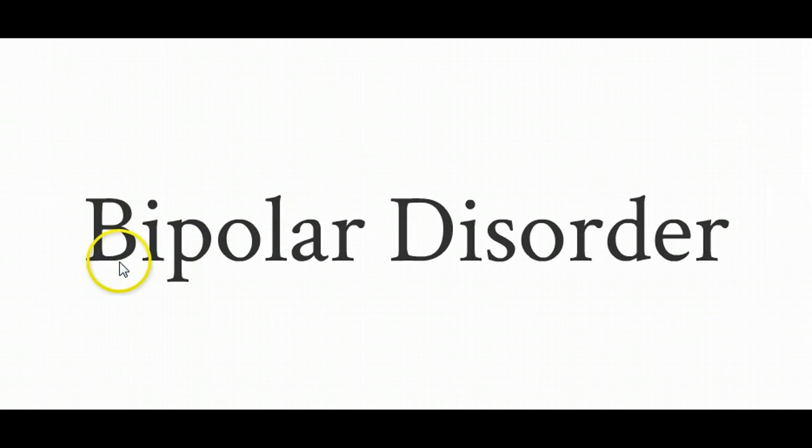So bi means 2, and pole means ends. Think of the axis of the Earth, and we have the North Pole and the South Pole. They're on opposite ends, so 2 ends. And if we go to the old name, manic depression, that kind of tells us what bipolar disorder is all about.